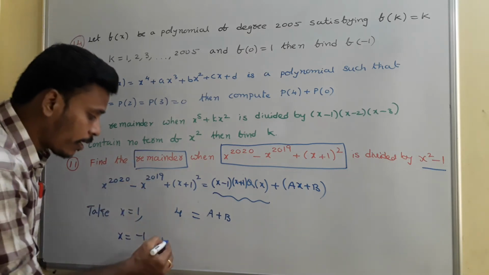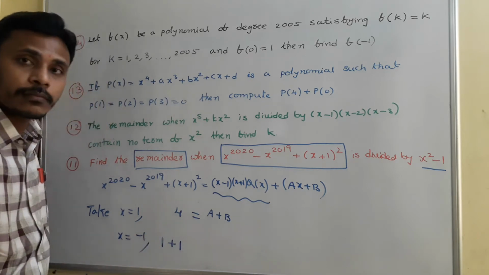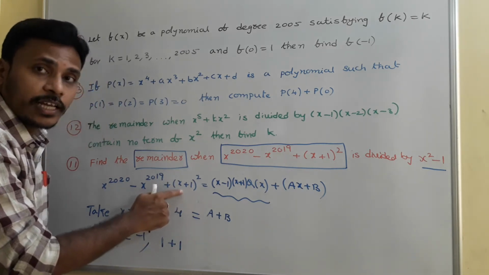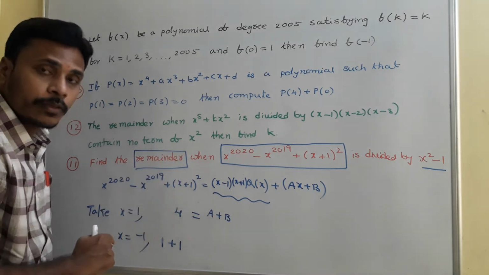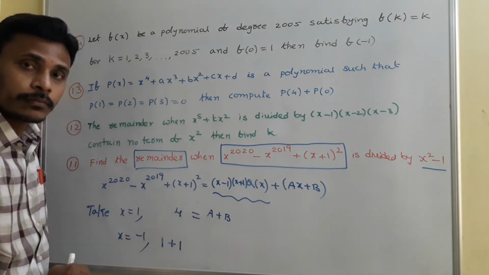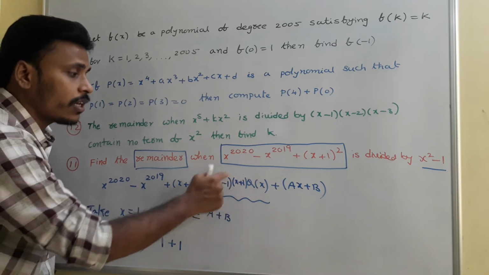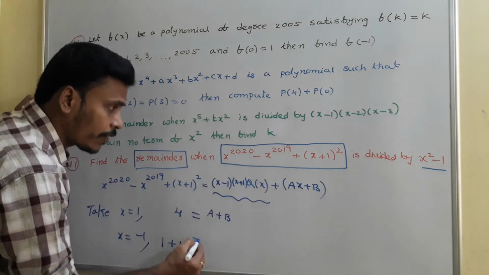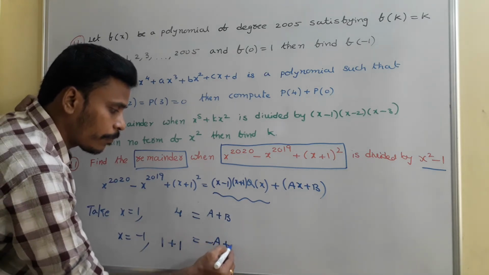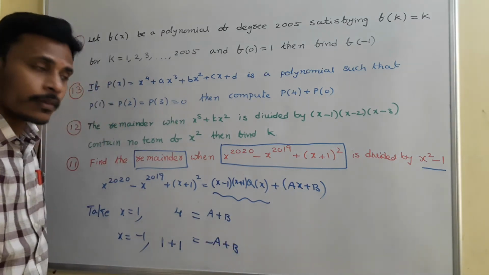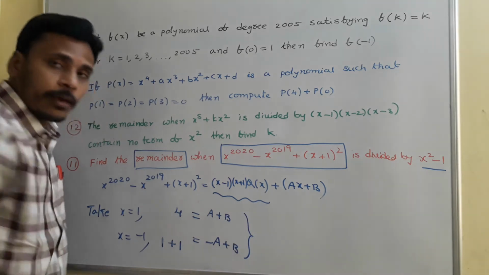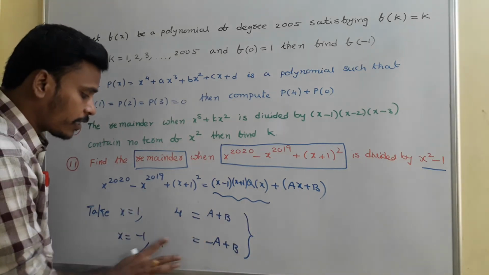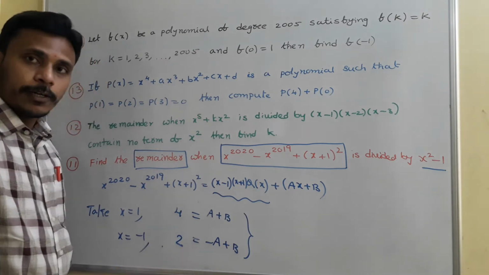Before that minus is there, minus of minus is plus. And replace x with minus 1: minus 1 plus 1 is again 0, so neglect this term. So 1 plus 1, and this part becomes 0. And replacing x with minus 1 here, it becomes minus a plus b. So totally I have two statements: a + b = 4 is one statement, b - a = 2 is the other statement.